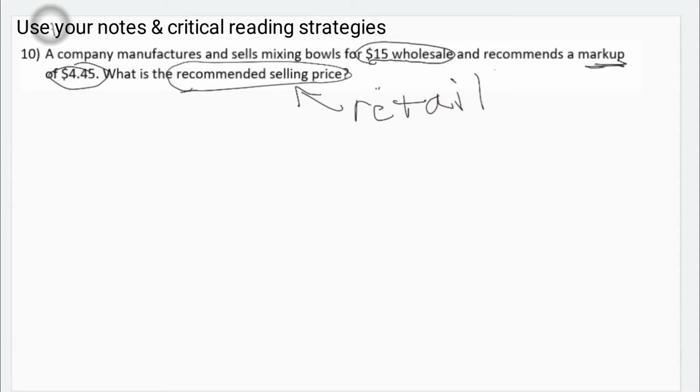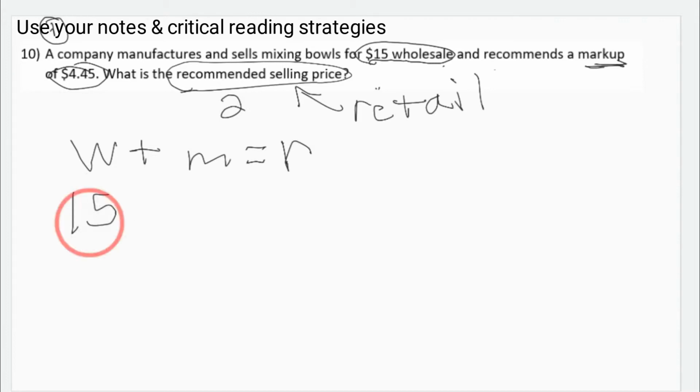So in our first sentence, it gives us the wholesale and the markup. And the second sentence tells us what we're solving for, which is the retail. So remember from the first problem we did, it's wholesale plus the markup is equal to the retail or selling price. So we're just going to substitute that in.